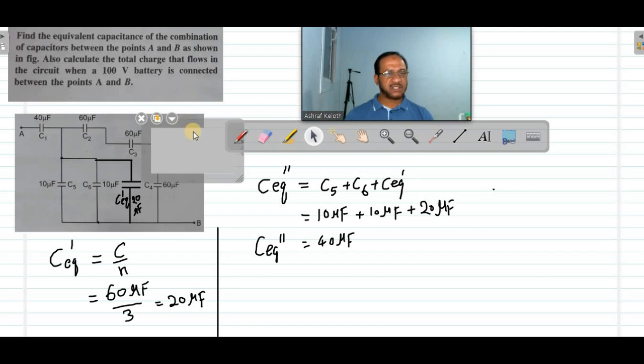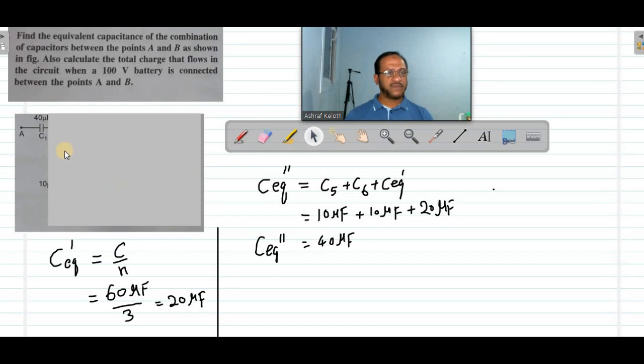Instead of that network of capacitors we can connect a single capacitor, and that single capacitor is connected in series. This is the first point A, this is C1, this is C equivalent 2 dash, meaning the total capacitance of that network, and this is the point B. Now what will be the final capacitance of the entire network?